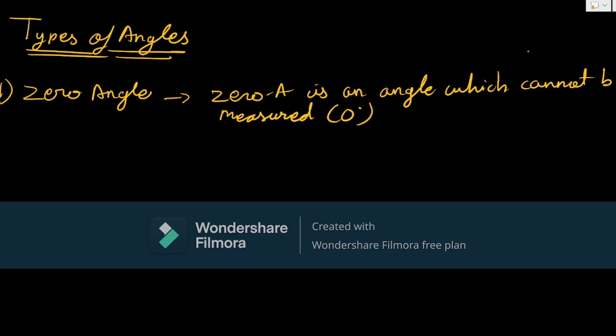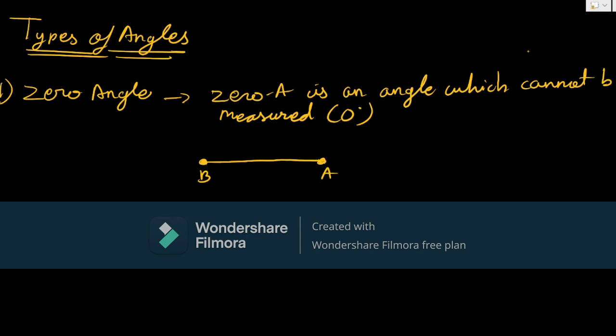Now if I draw a diagram over here, we have a straight line. This point over here is B, this is A. Now you might be confused between a straight line and a 0 degree angle.